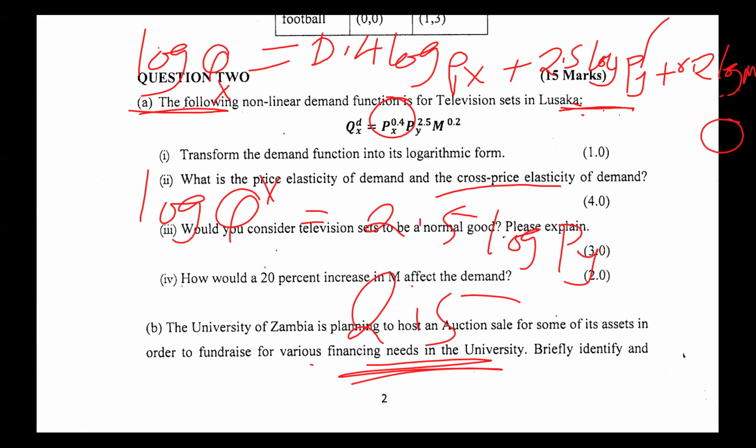Now my question is, for cross price elasticity, are these substitute goods or what are the other ones? Substitute goes with what? Complements, right? Based on the elasticity that you found, are goods X and Y substitutes or complements?